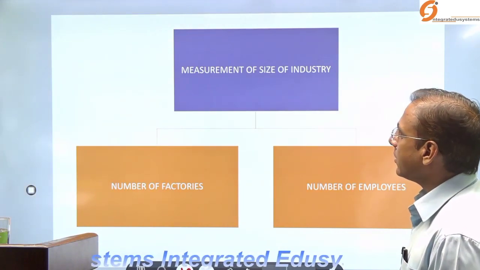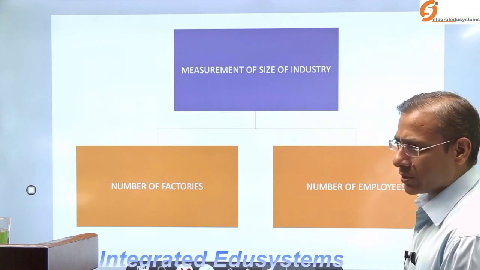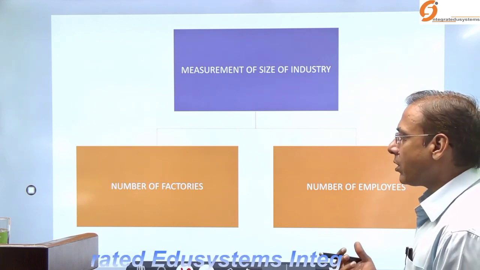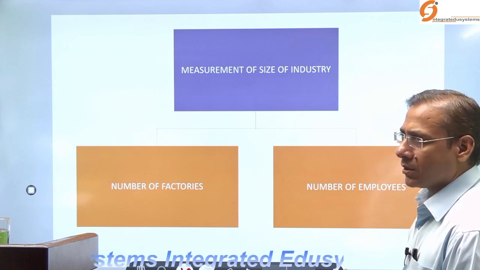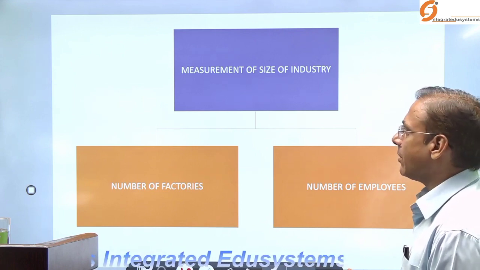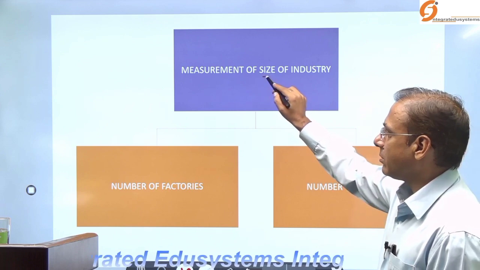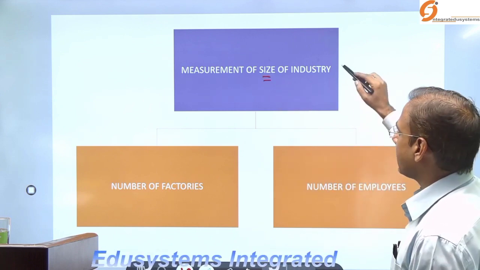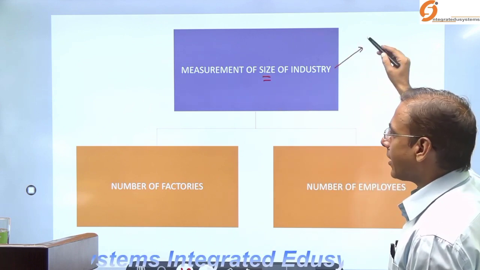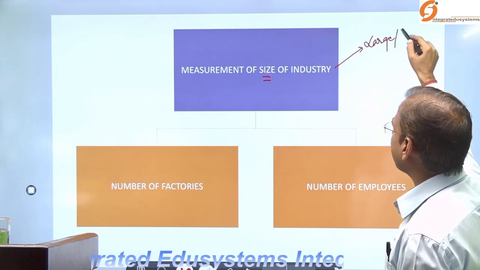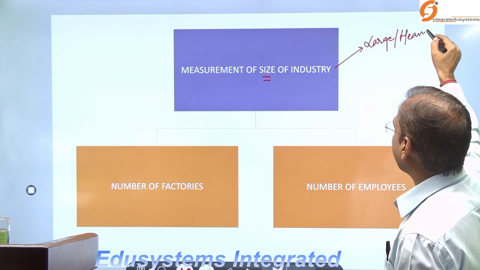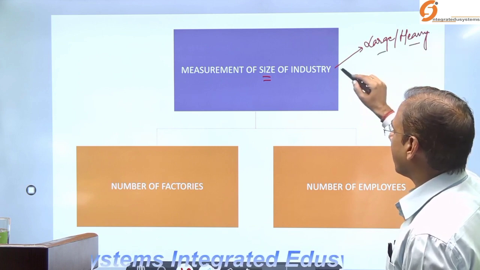And next, the measurement of the size of industry. Now on what basis we can say that one industry, okay, अगर हम साइज की बात करें, साइज ऑफ इंडस्ट्रीज, अभी अभी मैंने बताया है, some industries we call large industry, okay, or heavy industry, okay.